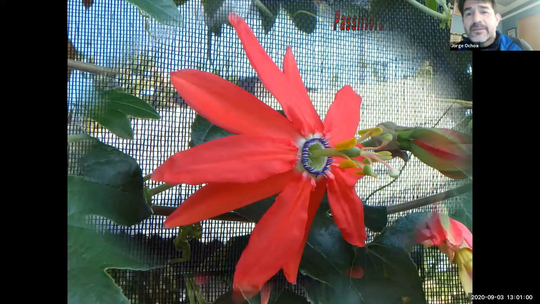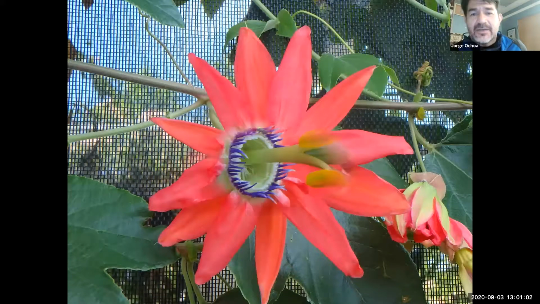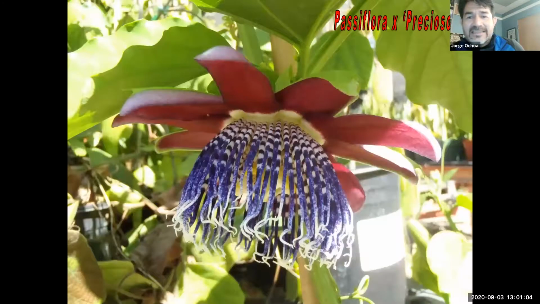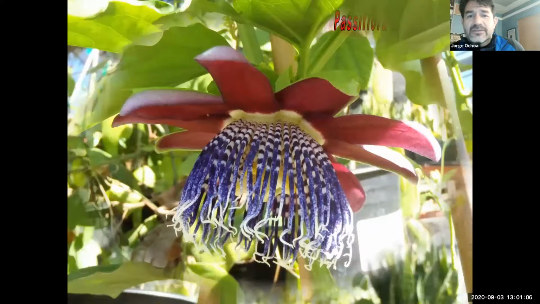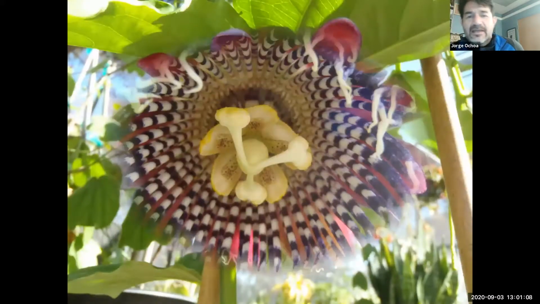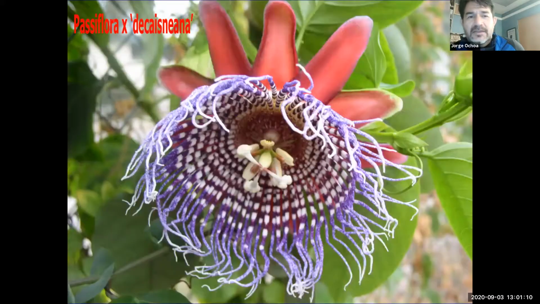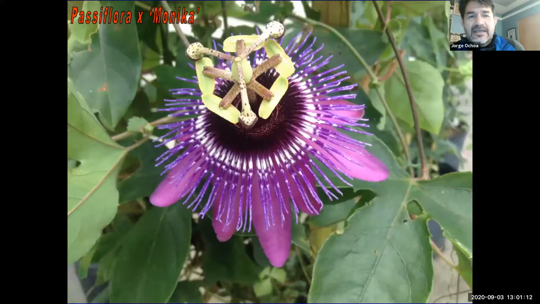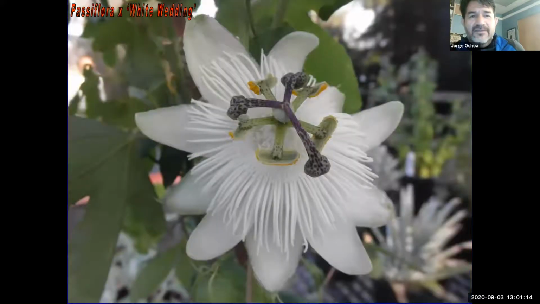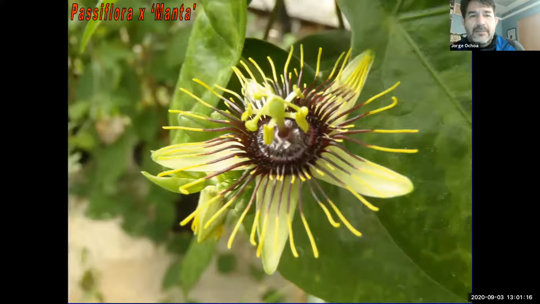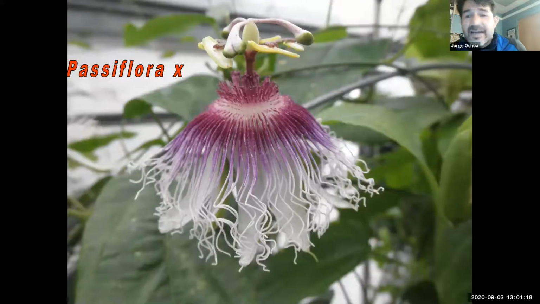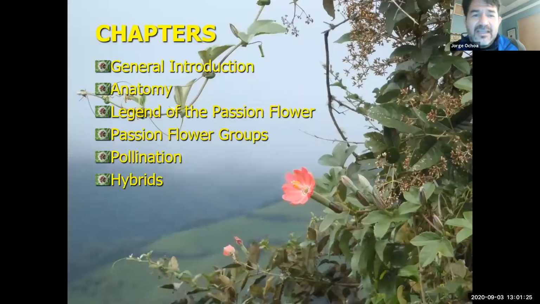It was developed in Oakland, California, and that's why it has the name Oaklandia. And then Precioso, that was developed in the Netherlands, that I grew as well. And then the Caisniana, Monica, Purple Haze, Valesi, White Wedding, Manta, and another hybrid that I developed, but I never bothered naming it because that's not my interest.